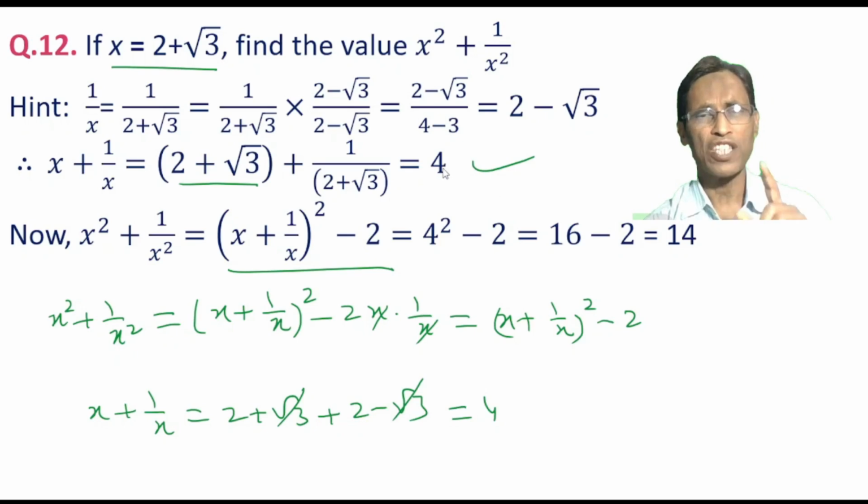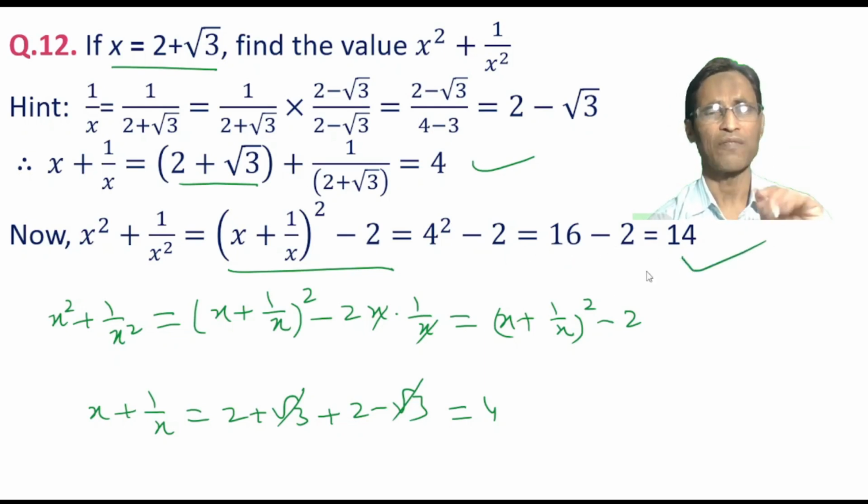Now we will use this value to find x square plus 1 by x square. So x square plus 1 by x square equals x plus 1 by x the whole square minus 2, which gives 4 square minus 2. 4 square gives 16, and 16 minus 2 gives 14, and this is the answer.